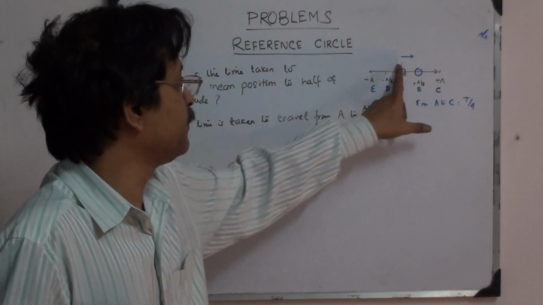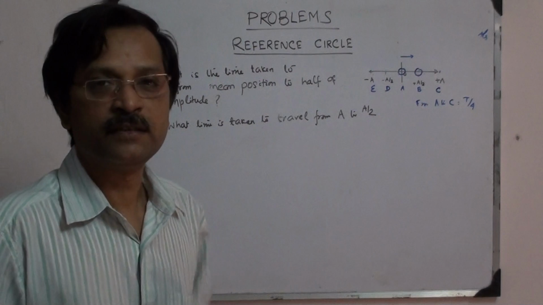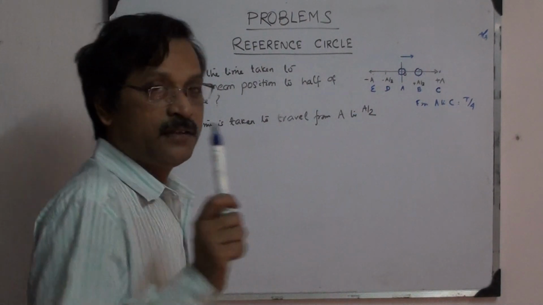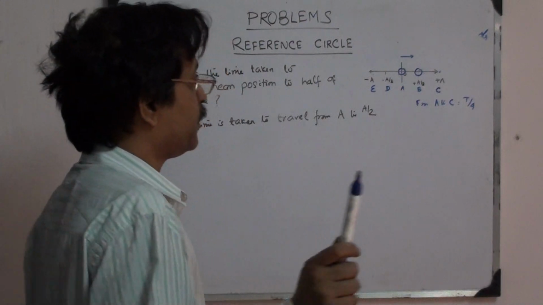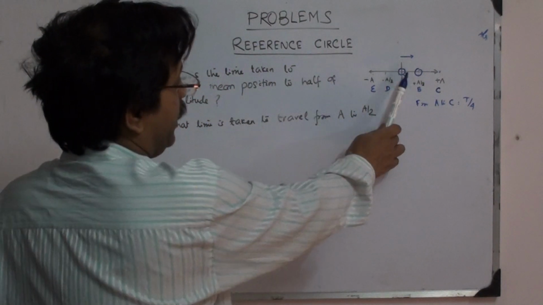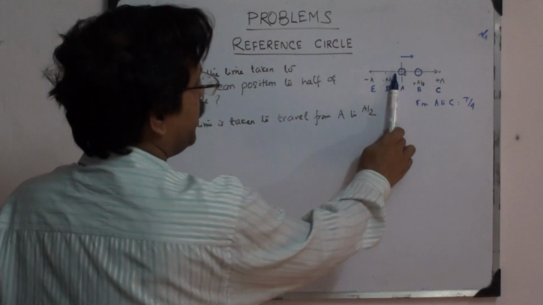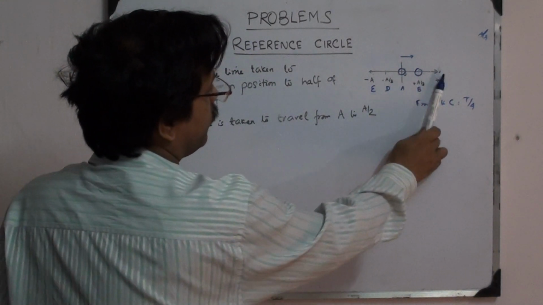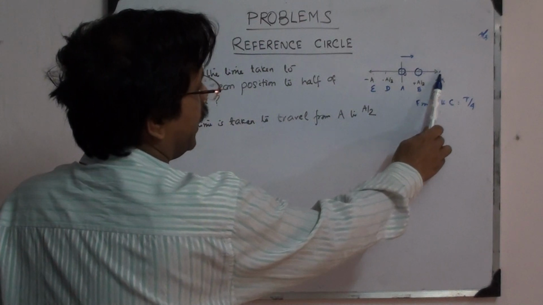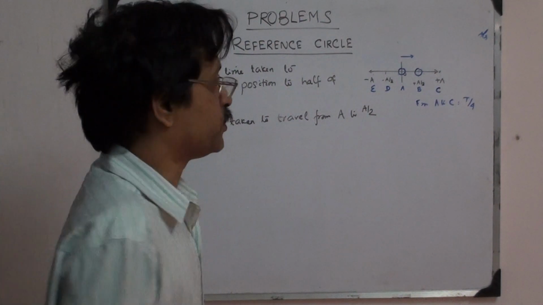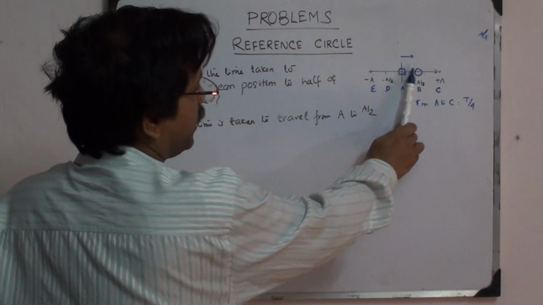So if it is T by 4, this will be T by 8. Look at this carefully. You see the motion of simple harmonic nature. The velocity is maximum at the mean position. So it's speeding out and then gradually slowing down, reaching a zero velocity at the extreme position. So the velocity is maximum here and becomes zero here.